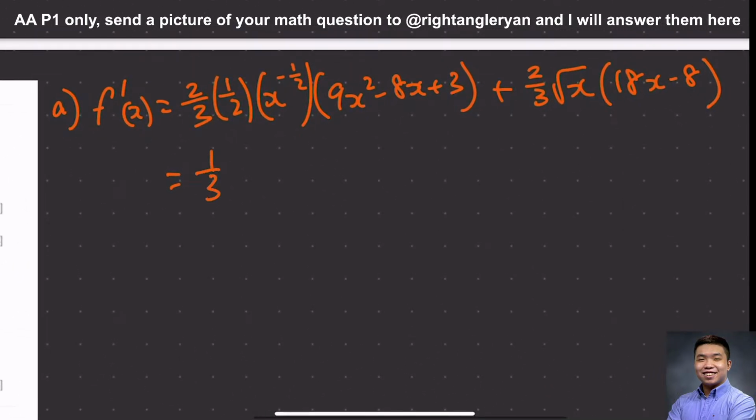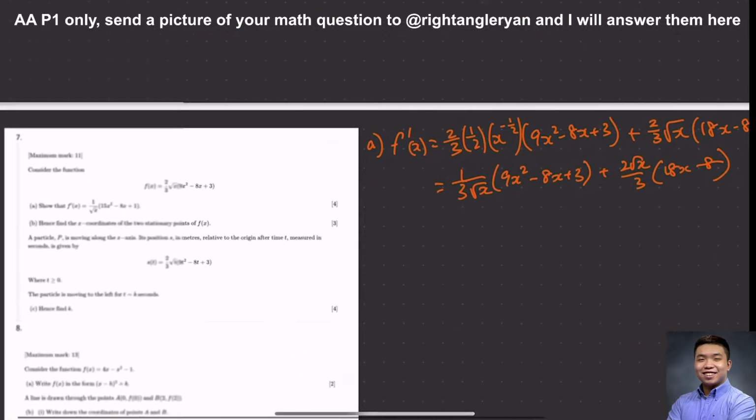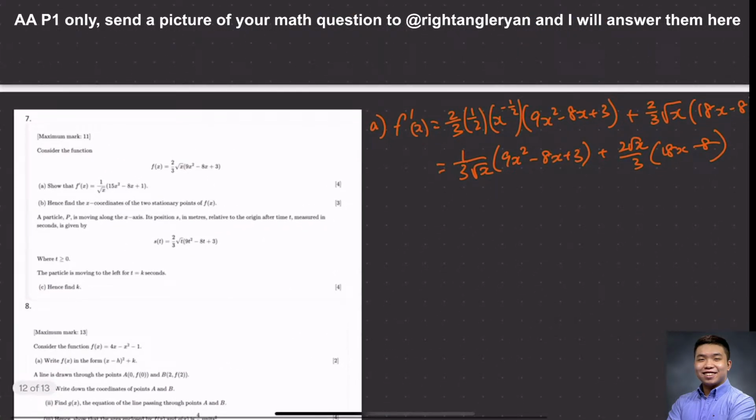Okay, so it's going to be 1 over 3 root x, 9x squared minus 8x plus 3 plus 2 root x over 3, no, let's do 2 root x, and then 6x, oh no, those won't simplify, so 2 over 3 root x, 2 root x over 3, 18x minus 8. Okay, and then does that simplify to that? Let's see.